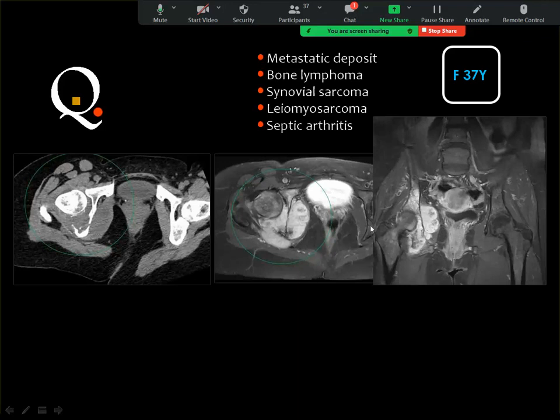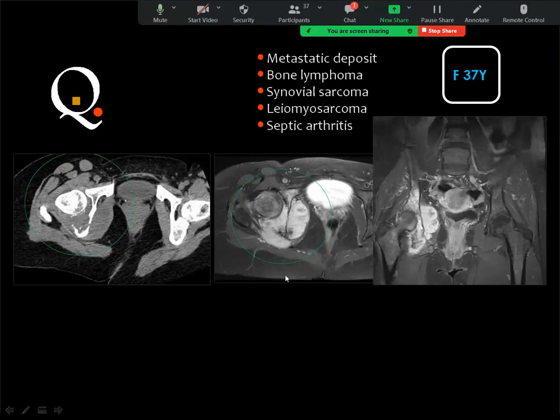But it's very important not to mistake this lesion for septic arthritis. There are no signs of inflammation here, and the hip joint, the femoral head, is intact. And for the diagnosis of arthritis, both articular surfaces, the acetabulum and the femoral head, should be affected.